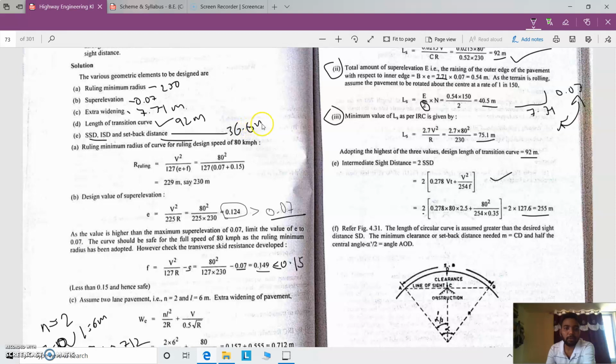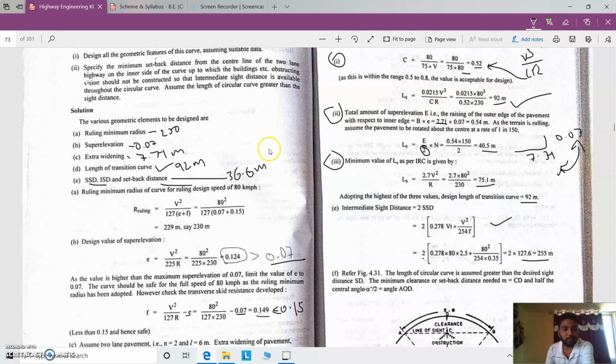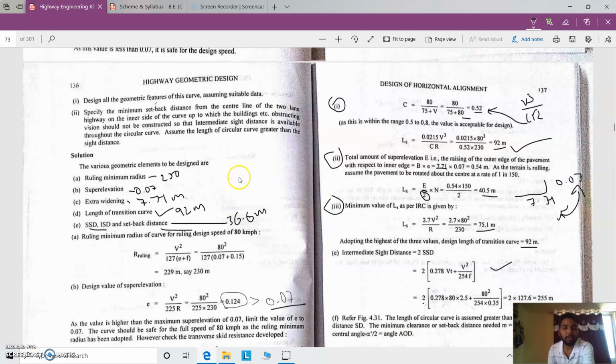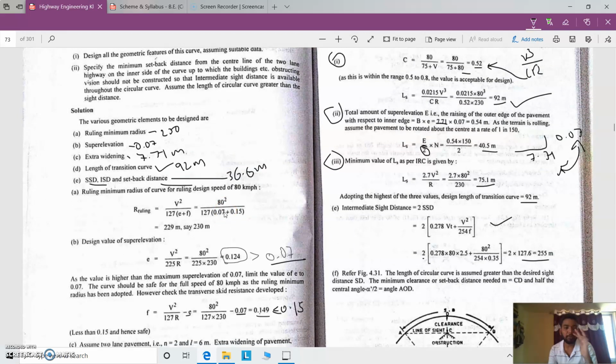This is how we need to analyze the problems based on given statements. Sometimes in the question, they will not give any values, they will just give statements. We need to analyze the statements based on the conditions, then you can calculate the different values of the geometry of a highway, right?